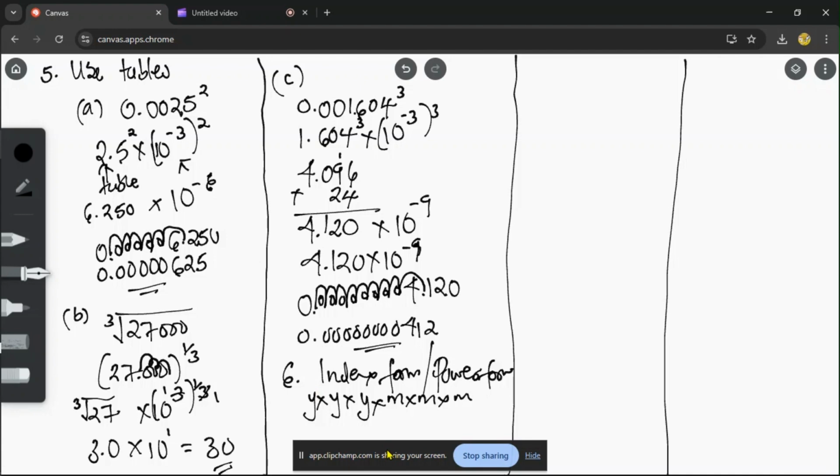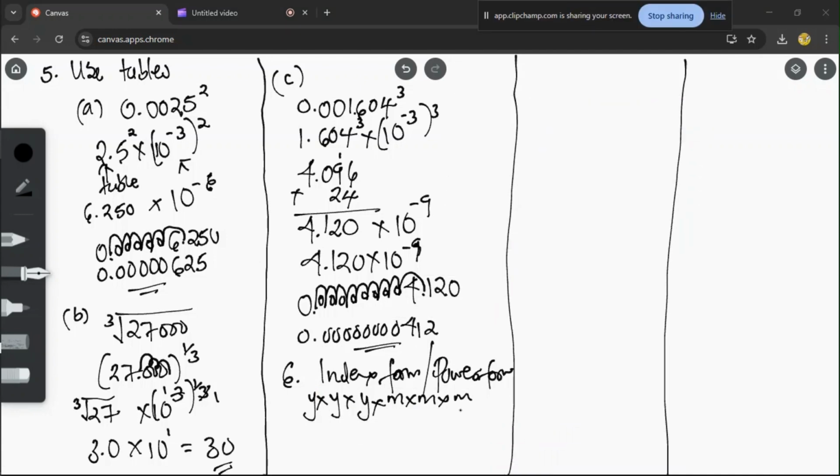So I'll just ask myself, this is y. Y appears how many times? 1, 2, 3. So write 3. Then I write m. M appears how many times? 1, 2, 3. So I can leave my answer that way, or because they have the same power, I can say y, m, all this is raised to power 3.